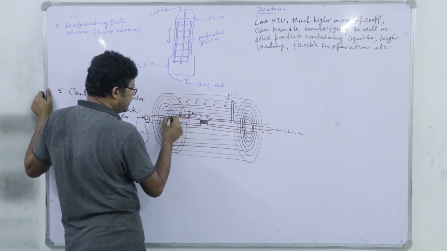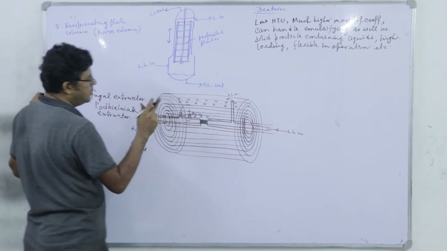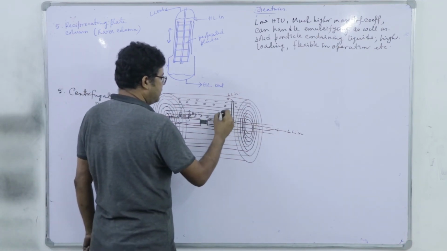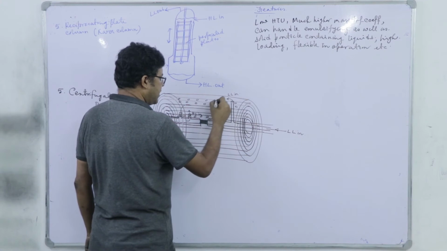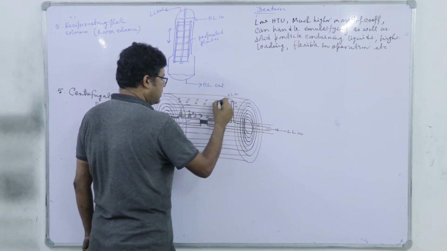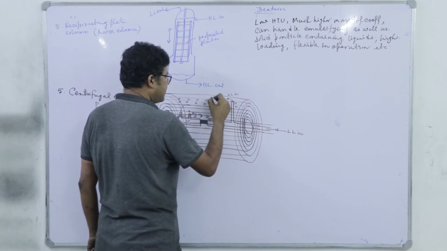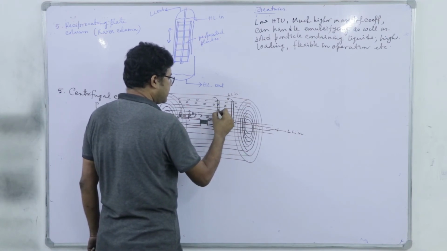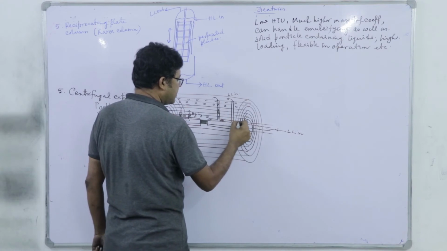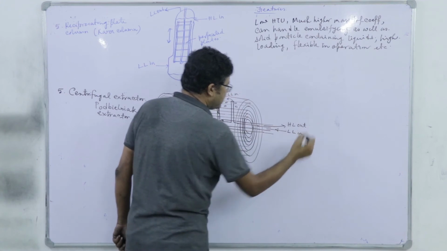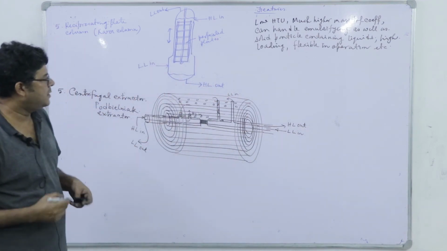And here we withdraw it close to the central region, whereas the heavy liquid we withdraw again through the annular region somewhere here. Right. Why such arrangement?